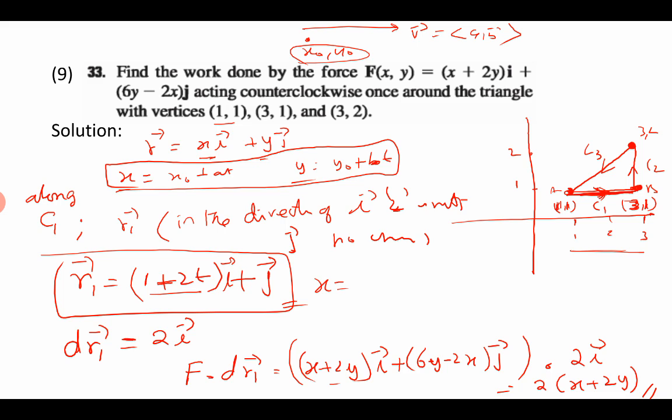R gives you x is 1 plus 2t and y is 1. So let's integrate this one first, and then you can do the same task for other parts for C2 and C3, and then sum all the results, right?